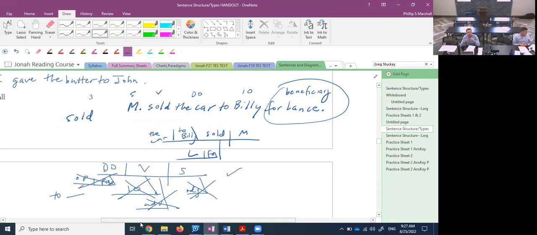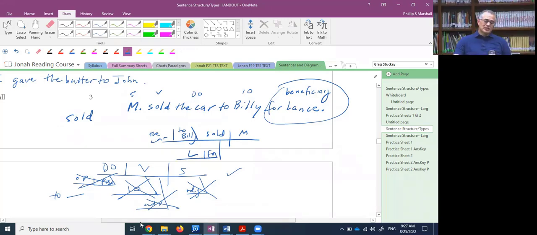Dr. Marshall, when we're translating this from Hebrew into English, is that preposition we put in, to and for, always going to be what we see in the Hebrew? Will there ever be a time where we just go rogue and implement that ourselves, or it's implied in the Hebrew and we add it in our English translation?